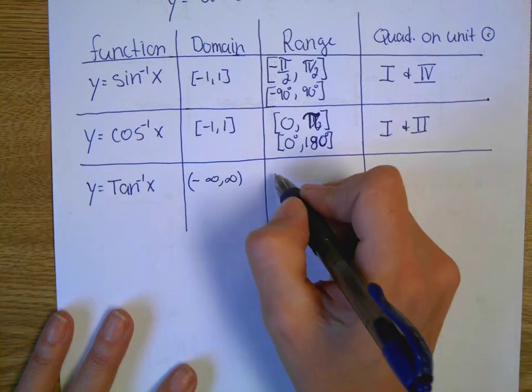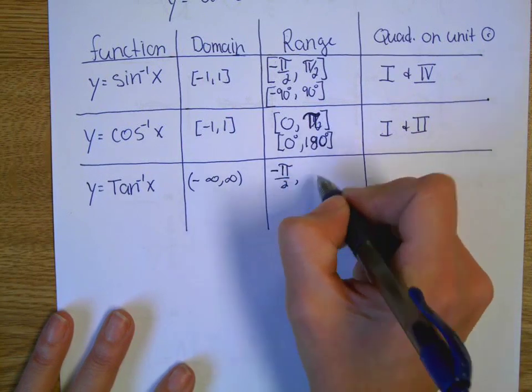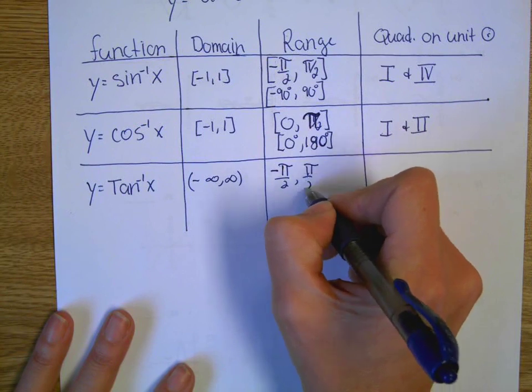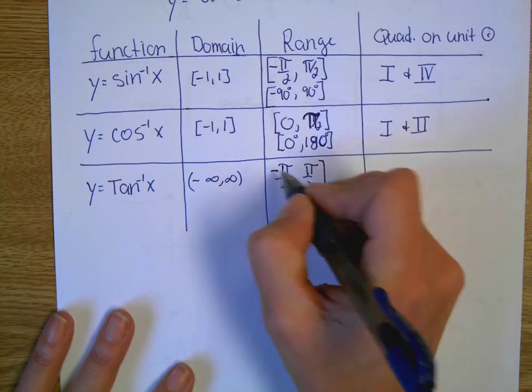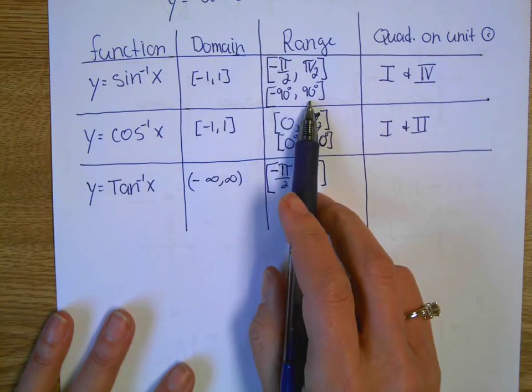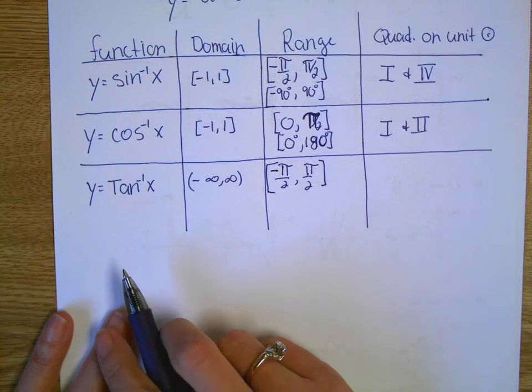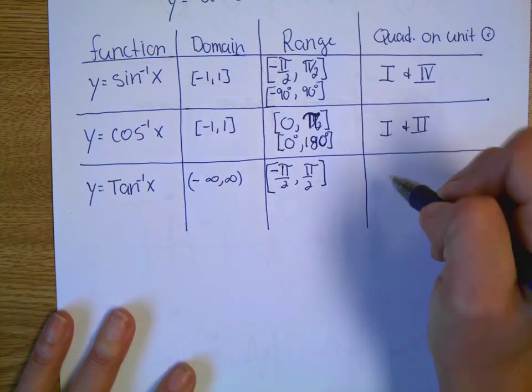The range for tangent is negative pi over 2 to pi over 2, which is the same thing as negative 90 to 90. So what two quadrants are we going to be looking at when we're doing the inverse tangent? 1 and 4 again.